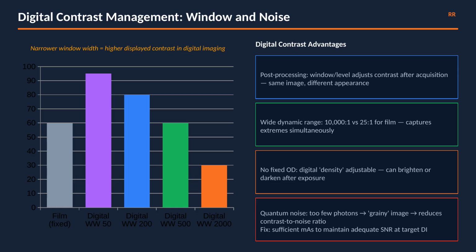Digital captures extremes simultaneously. Quantum noise: too few photons creates a grainy image that reduces contrast to noise ratio, so always maintain adequate mAs for the target EI. And exposure creep: EI values slowly rising over time, monitor systematically.